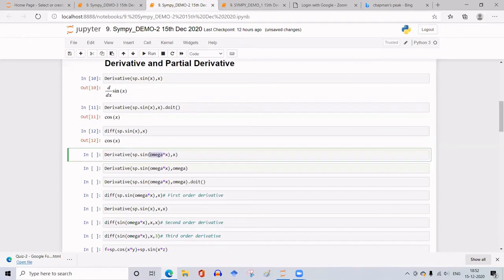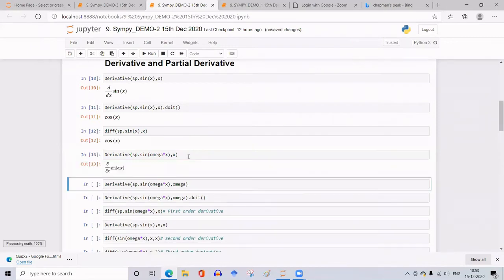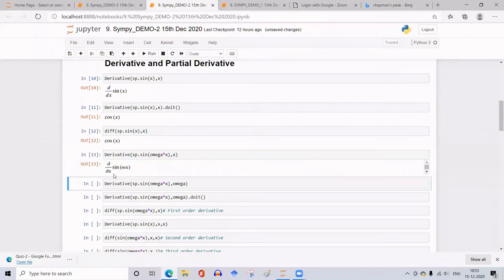Now sine has two variables, omega and x, but I want the differentiation with respect to x. So it considers omega as one of the variables and will give me the partial derivative of this with respect to x, so dou by dou x of sine of omega x. Whereas earlier we got d by dx of sin x, which is a definite derivative, here it is a partial derivative.